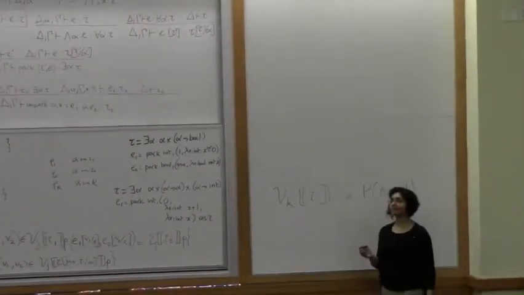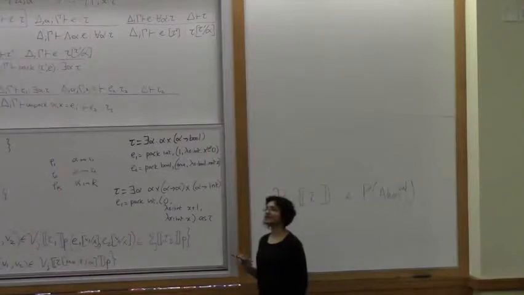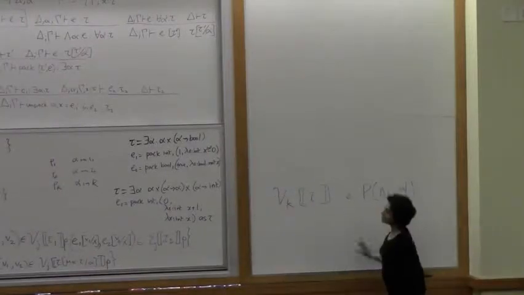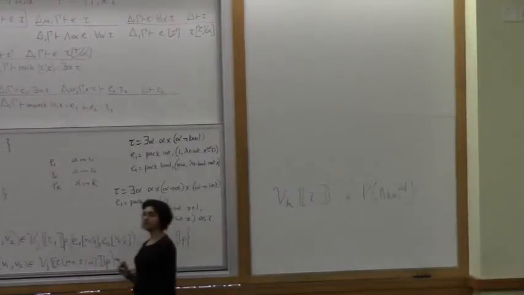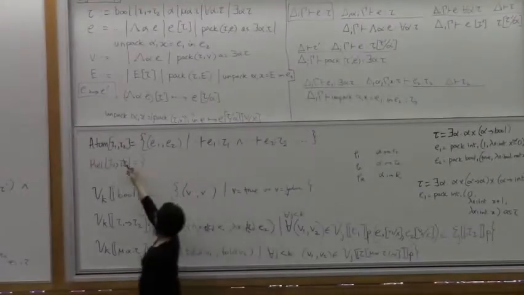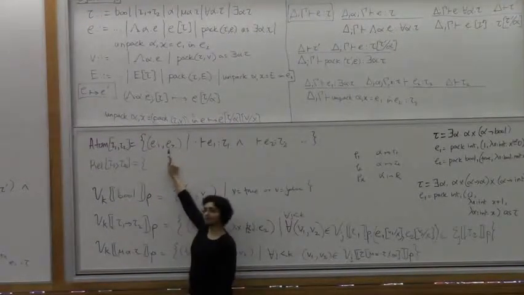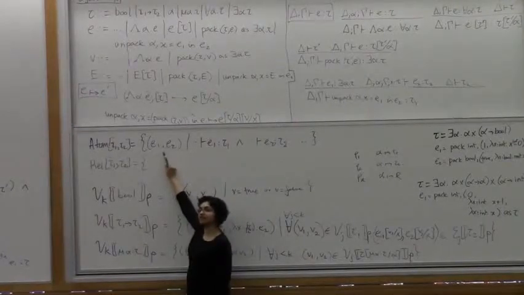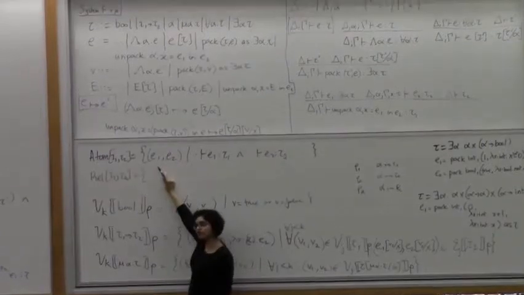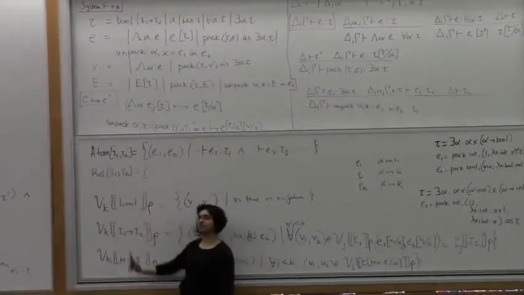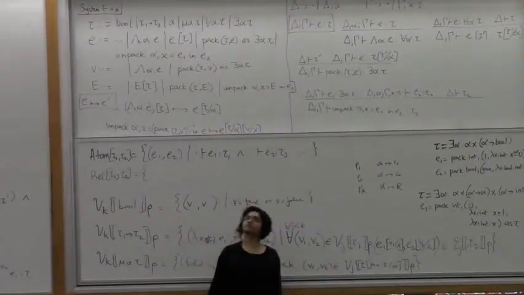What does val mean? Take the set atom, tau 1, tau 2, and when I put the superscript val on it, that means take only the subset which has values in both positions. So no general expressions, only values? No general expressions, only values. The value restriction on that.